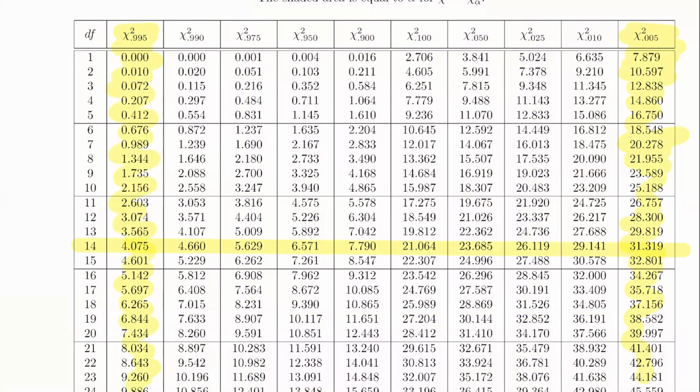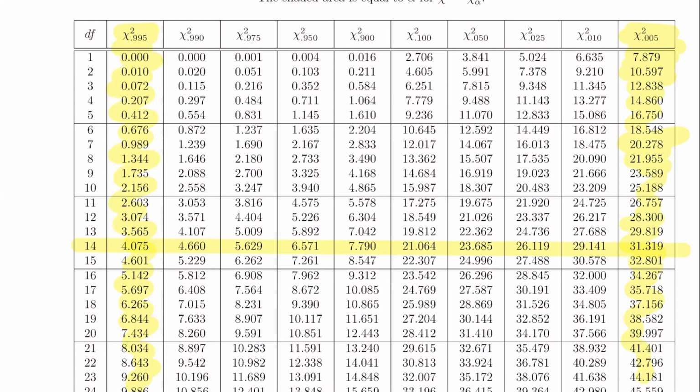So if you look at it, we get 31.319. Let me put that in the chat so I'll know what it is. And we also get 4.075. All right, so those are my two chi-square values.